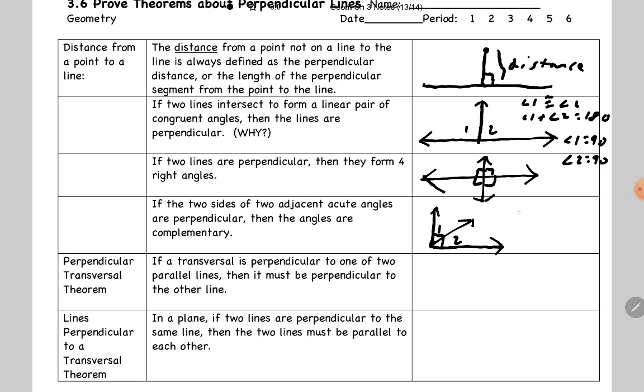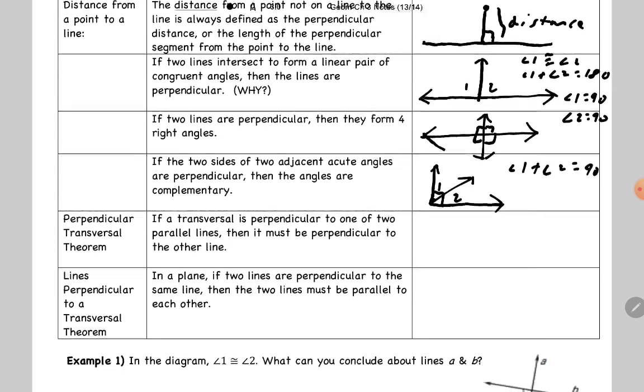Yeah, that's true, because angle 1 plus angle 2 equals 90. They have to be complementary. If their two sides are perpendicular, that means that whole thing's a right angle, and the two small angles put together have to equal that 90 degrees, so therefore they are complementary.